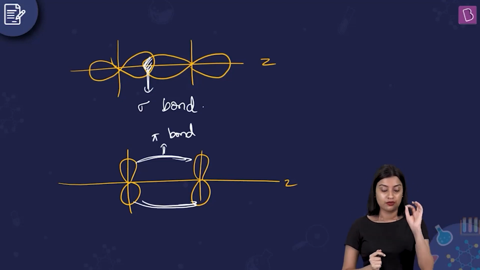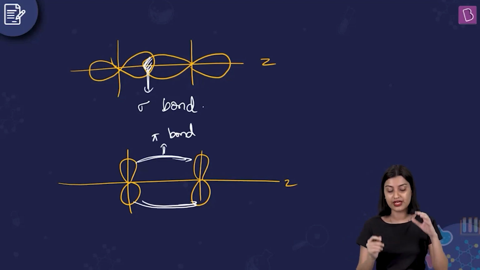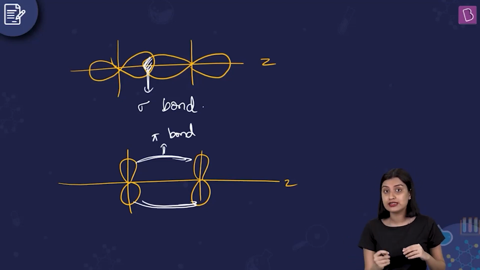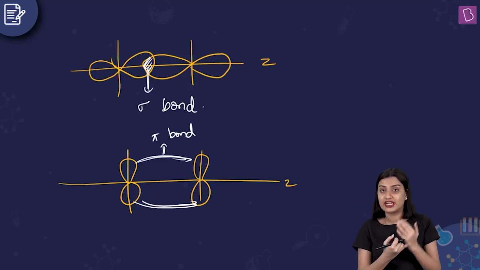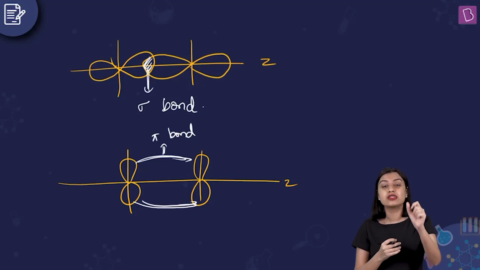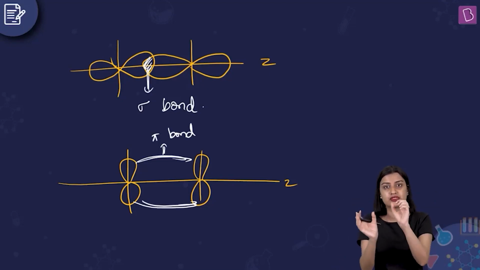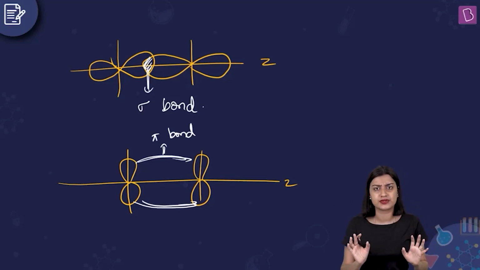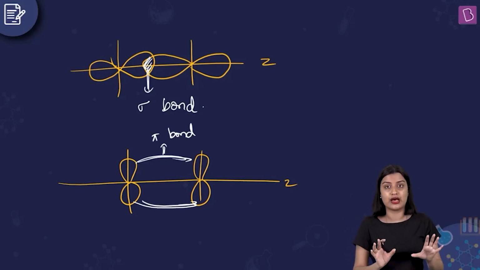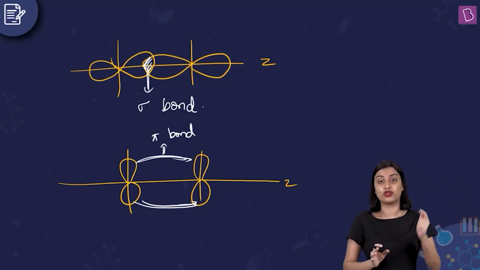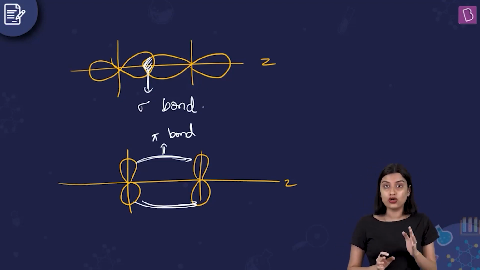Because you have an axial, head-on overlap in the sigma bond, your effective overlap is more, hence the bond is going to be stronger, because if the effective overlap is more, then the overall energy of the system of the two atoms will come down. Because of this, if you need to break a sigma bond, you need to supply more energy. So sigma bond is going to be a stronger bond than pi bond.